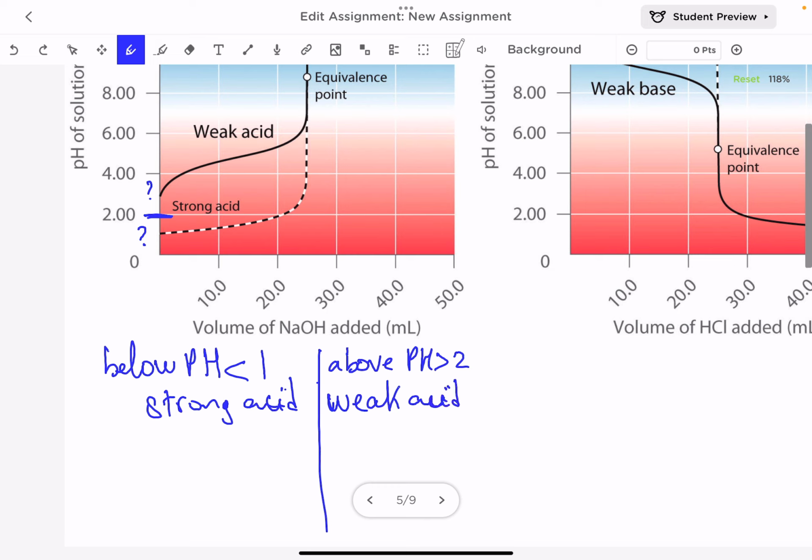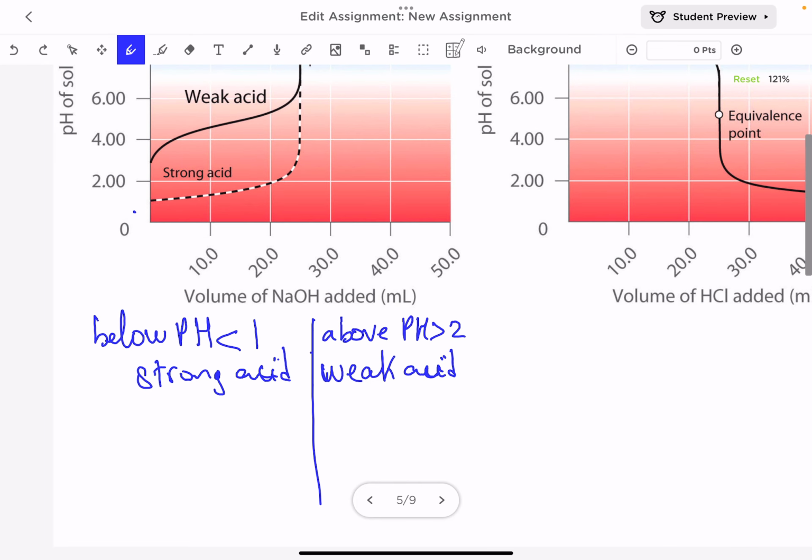That's first. Second, how the curve line starts. Is it almost a straight line or is there a slight jump? When there's a slight jump at the beginning of the curve, we are dealing with a weak acid being titrated.